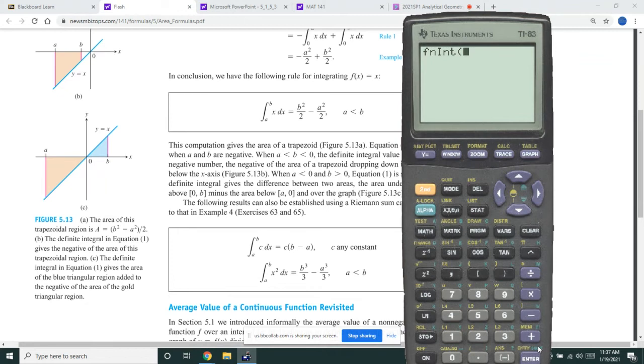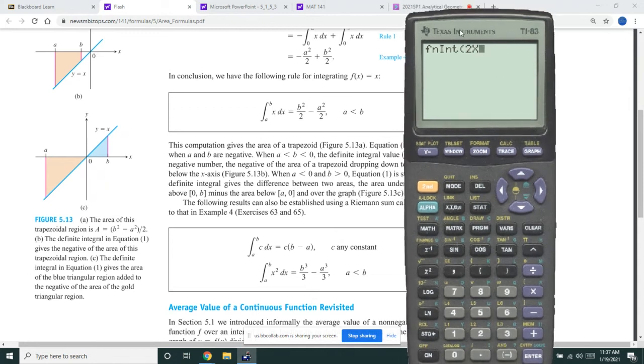Now, when you use function integration, it requires 4 parameters. You must put in your function. So our function is 2x. I'm going to put in a comma. You must put in the variable of integration, which is x.